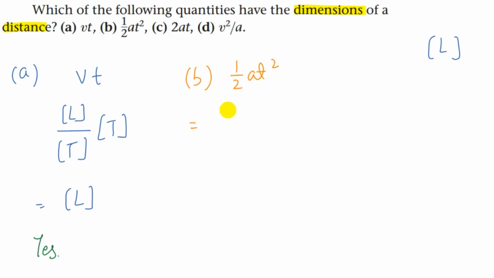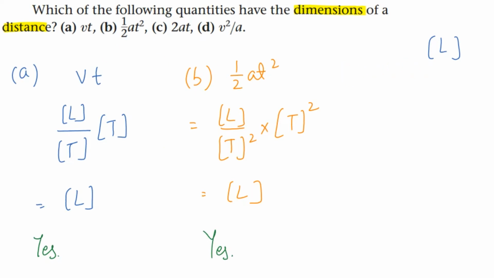Now a is acceleration, so acceleration is L over t square times t square, so that is also equal to L, which has the dimension of a distance. So yes, we can write that it has a dimension of a distance.